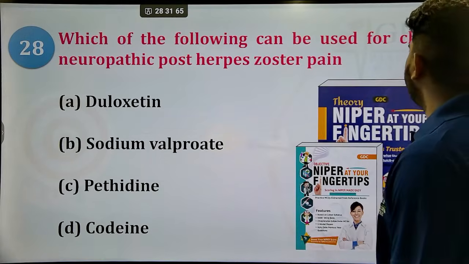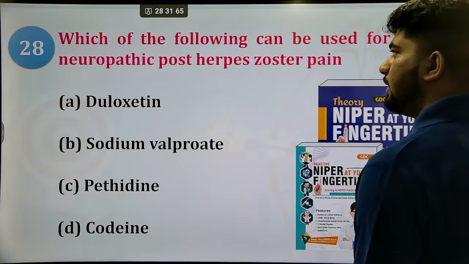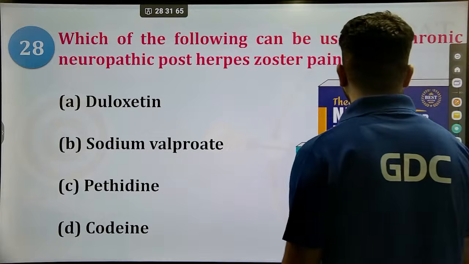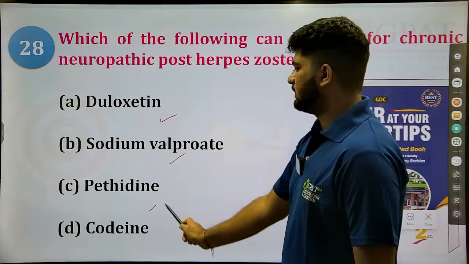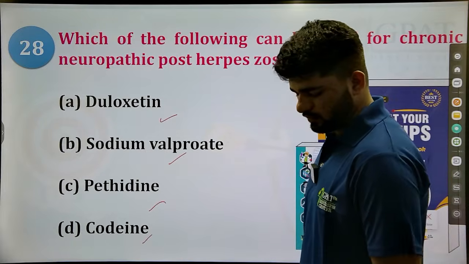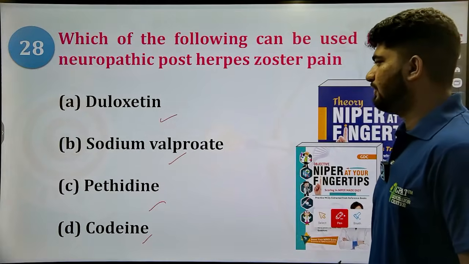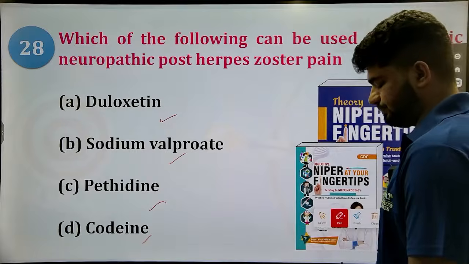Which of the following can be used for chronic neuropathic post-herpes zoster pain? Is it duloxetine, sodium valproate, pethidine, or codeine?